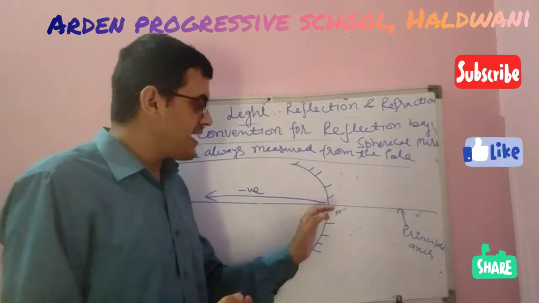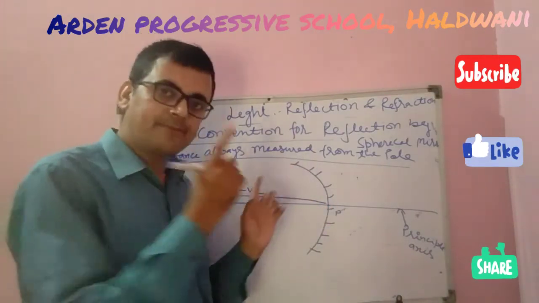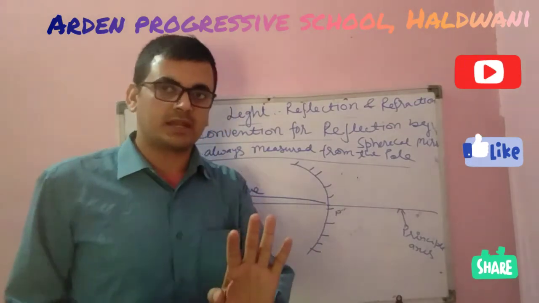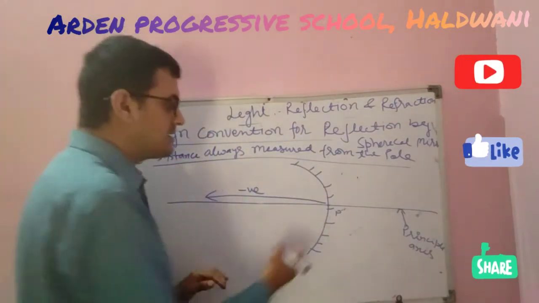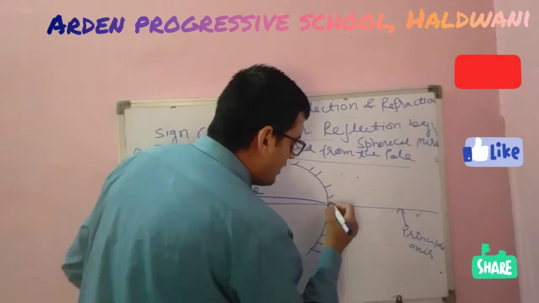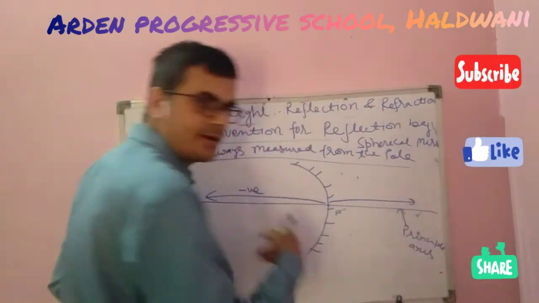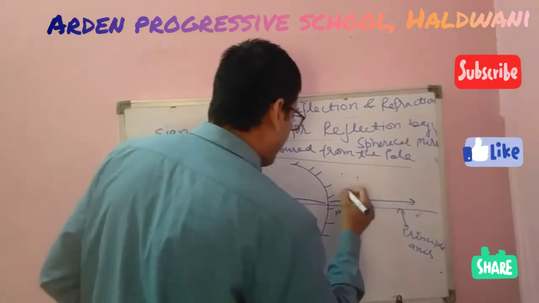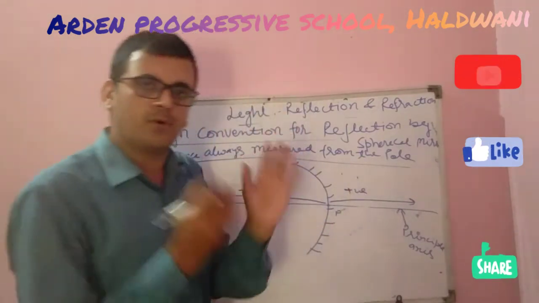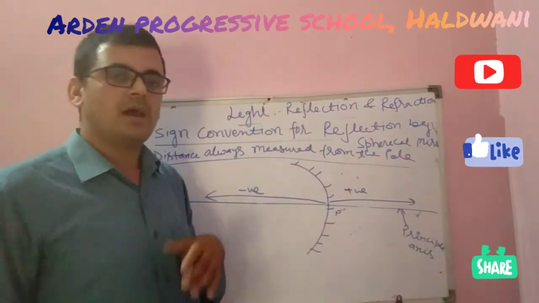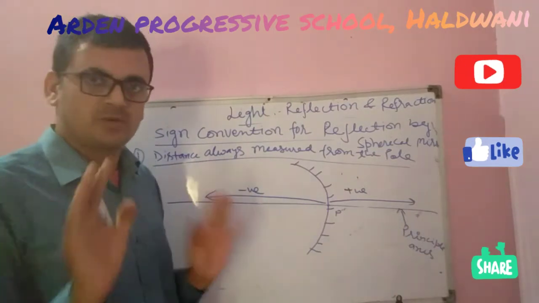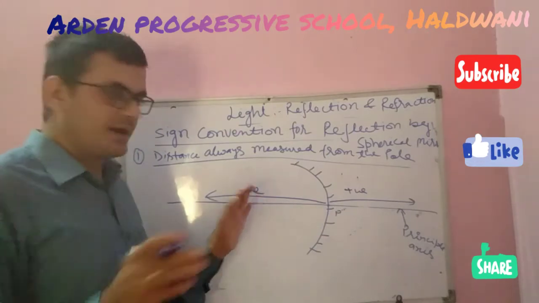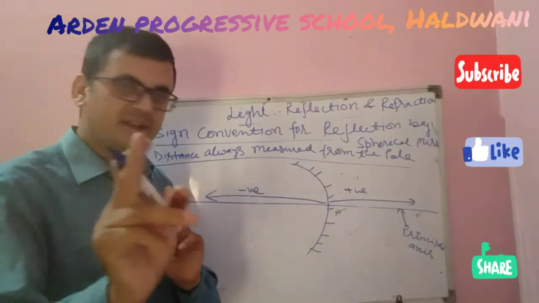Similarly, distance measured right to the pole, to this side, is taken as positive. Always, in both cases, for concave as well as convex, this will always be taken as positive and this will always be taken as negative. I am explaining in Hindi.